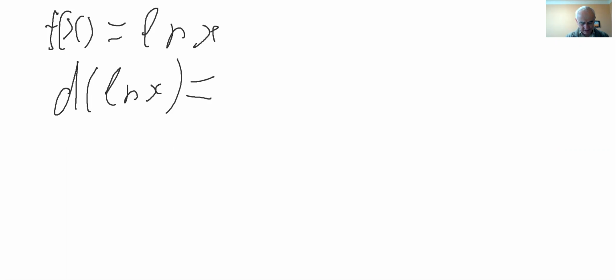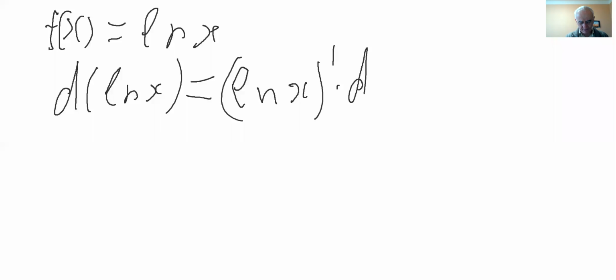It's again the derivative of ln x by dx. And what is the derivative of ln x? It's 1 over x. So it's 1 over x times dx.